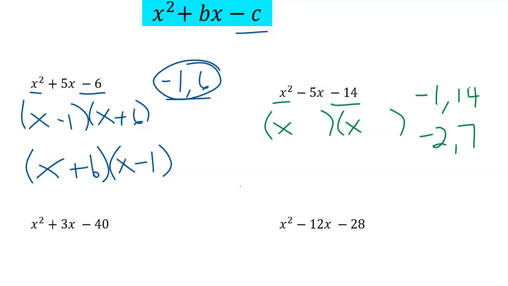So the first one adds to give me +13. I know that one's not right. The second one adds to give me +5, and I need it to be -5. So if I just switch the signs around, +2 and -7, that will add to give me -5. So I'm going to say x plus 2 times x minus 7.